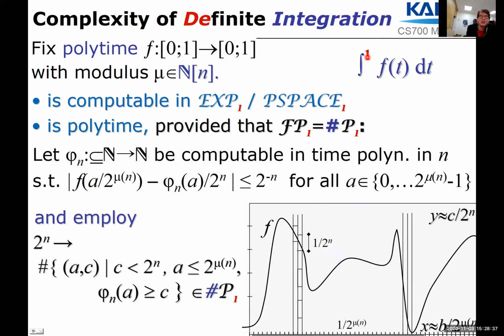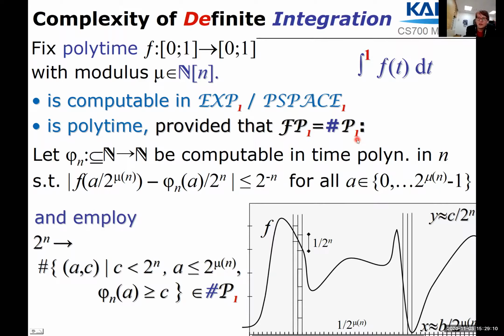But again, the question is: is that optimal? From a practitioner's perspective, none of these algorithms are actually polynomial time algorithms, nor is there a common conception or belief that this is a polynomial time algorithm, because most people believe that P is different from NP, that FP is different from sharp P, and that FP1 is different from sharp P1.